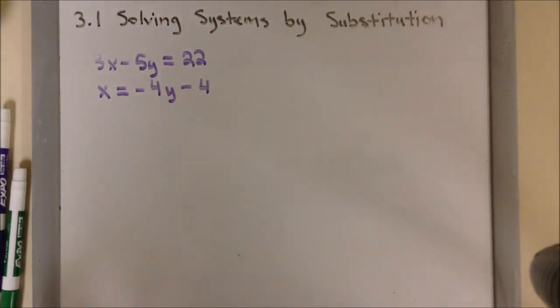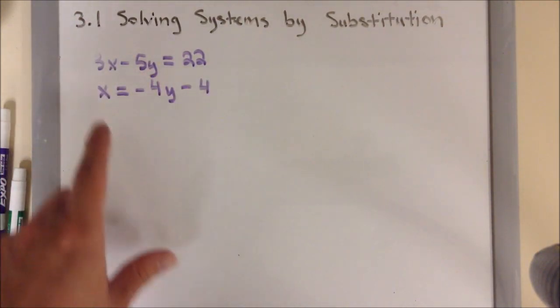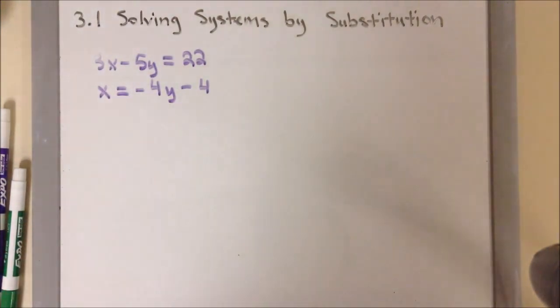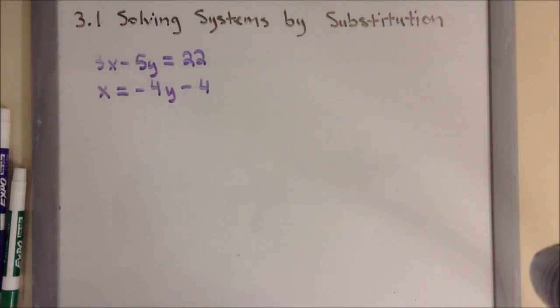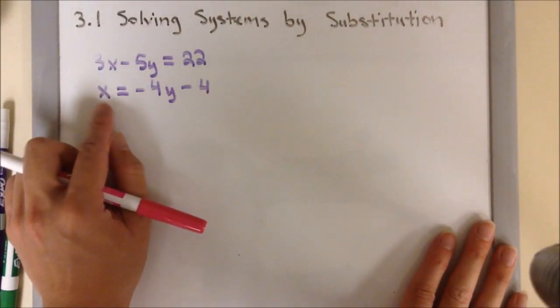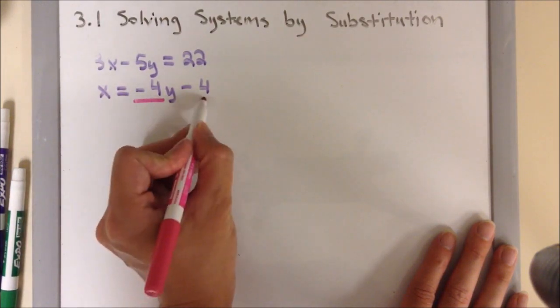In example 2, we have our first equation, 3x minus 5y equals 22. Second equation, x equals negative 4y minus 4. Similar to the last example, we have the second equation where x is by itself, equal to negative 4y minus 4.